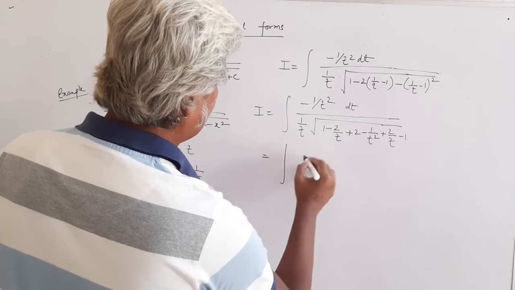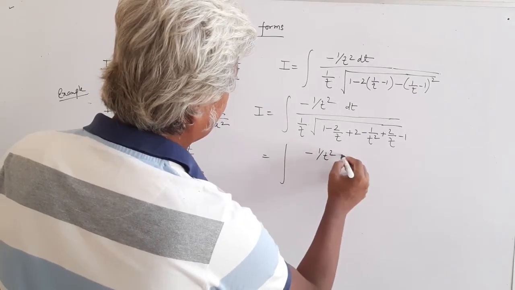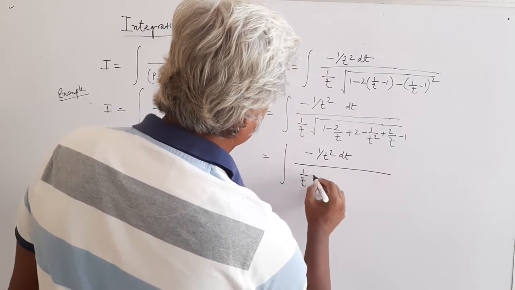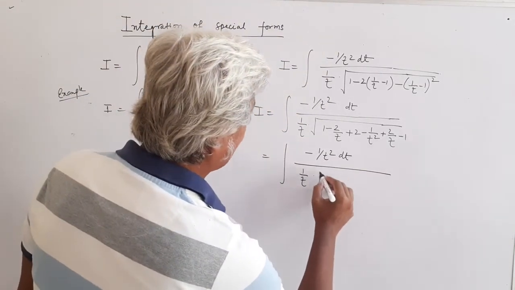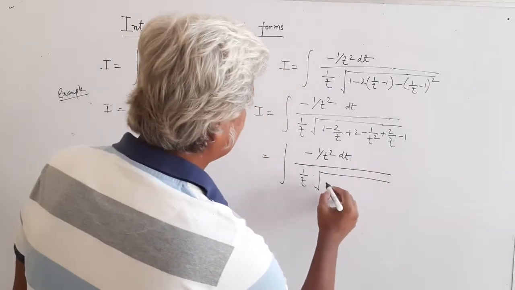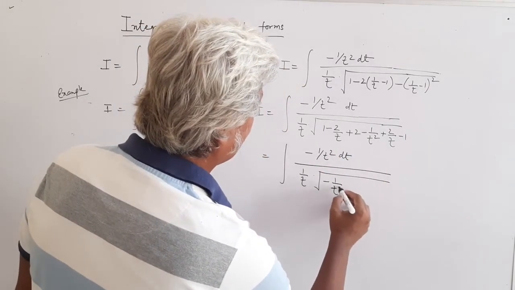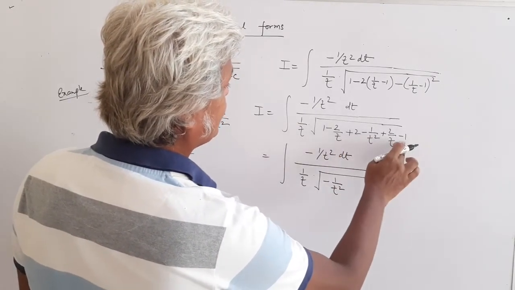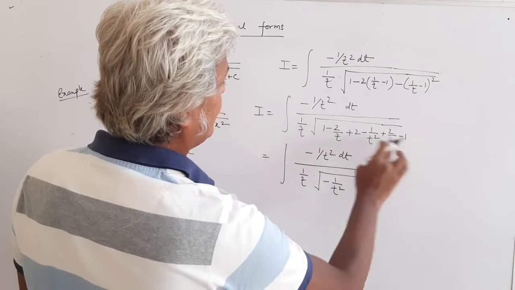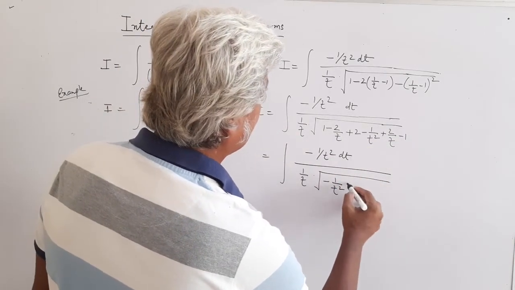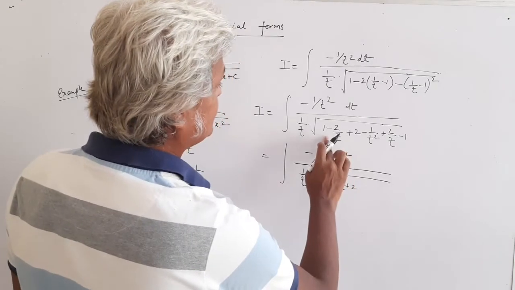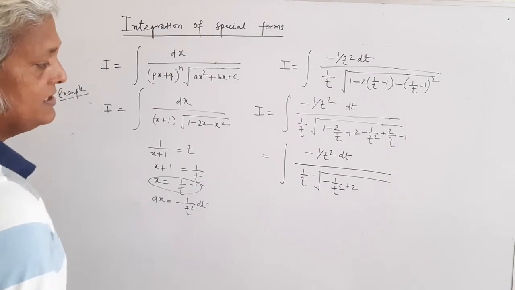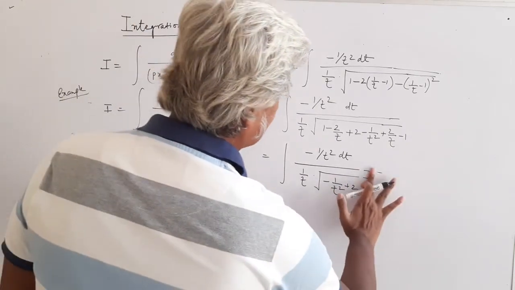Then I write minus 1 over t square dt upon 1 over t, and inside the square root I have minus 1 over t square, and then this plus 2 and the minus 1, so this becomes 1 plus 1, 2. So plus 2, and minus 2 over t and plus 2 over t cancel each other. So we have only this much left.